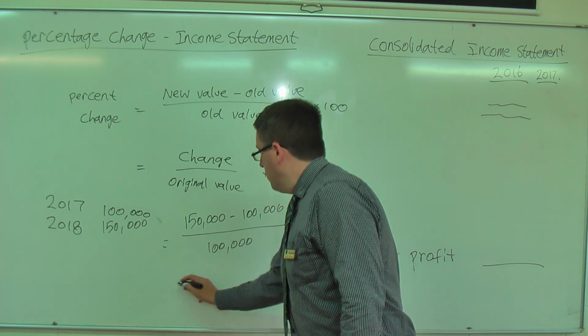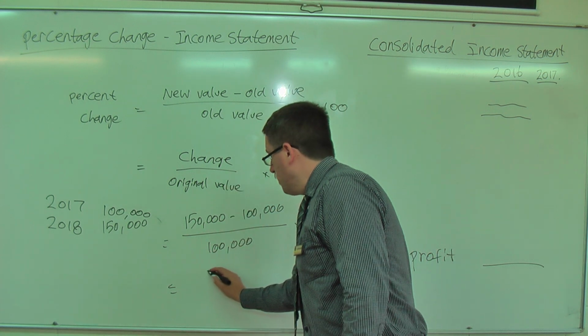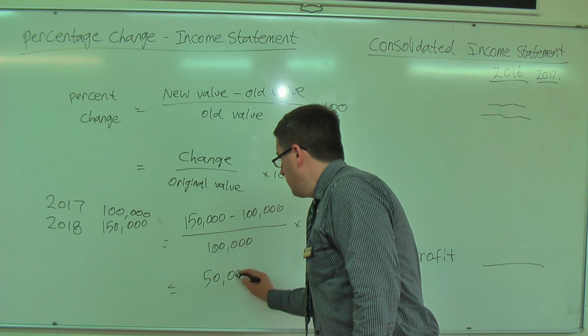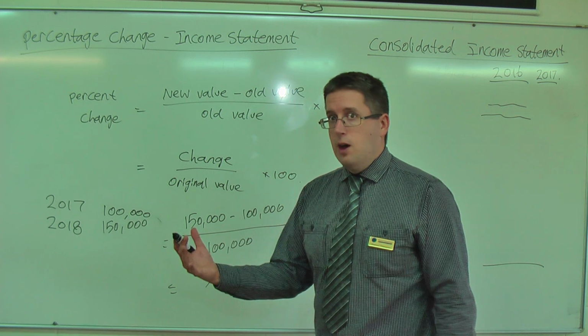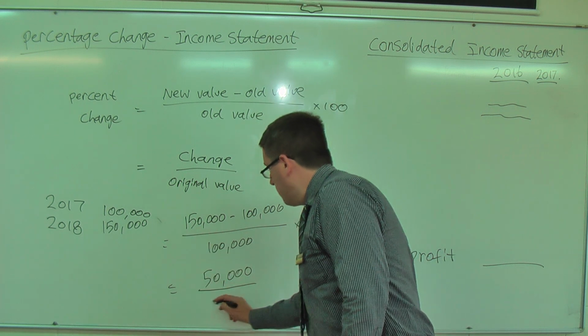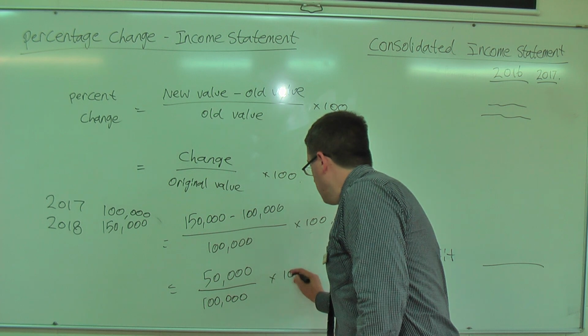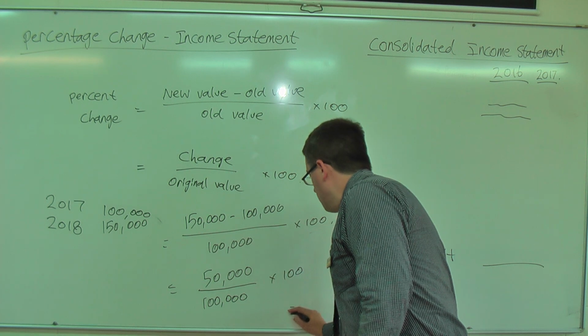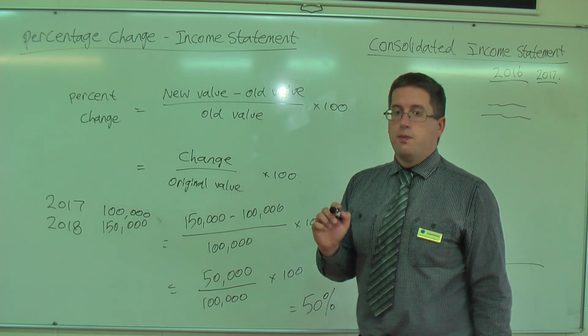So let's work it through. The top line calculates the change. The amount of change between one year and the other is a positive 50,000, because it's going up. Divided by the old figure, times 100, it works out to be a 50% increase.